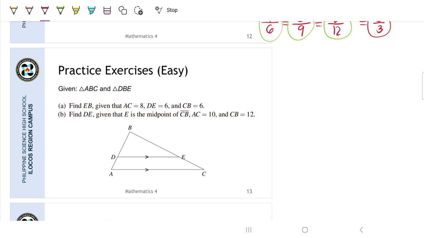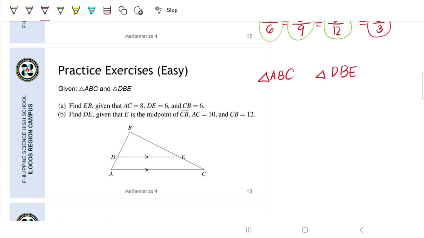Another example, given triangle ABC and triangle DBE, find EB given that AC is 8 and DE is 6 and CB is also 6. So paano kaya natin to isolve? So triangle ABC, then triangle DBE. First and foremost, are these two triangles similar?